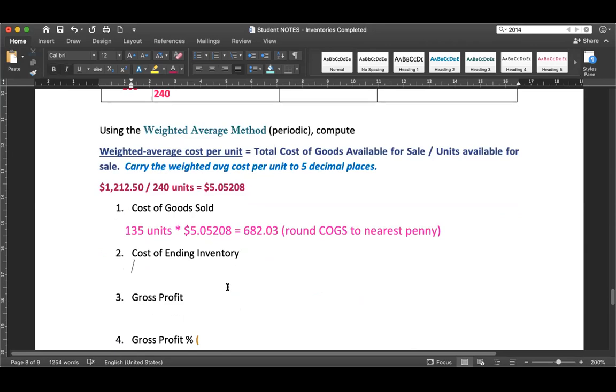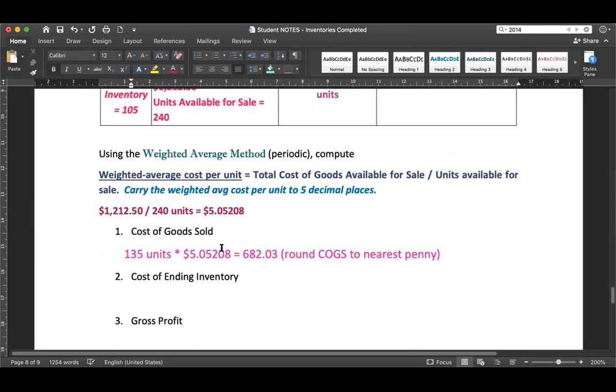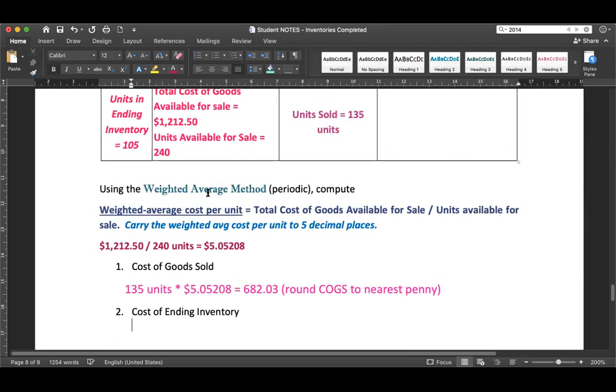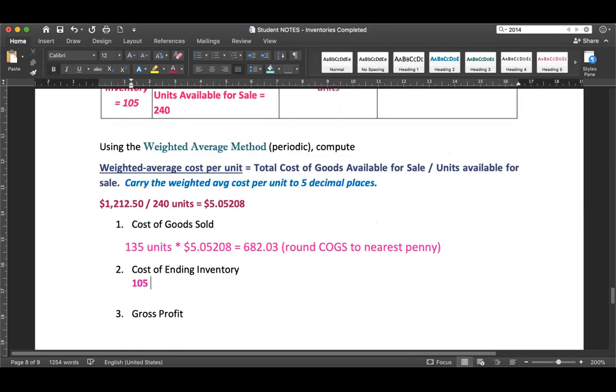Now, what is the cost of the ending inventory? In this case, we're going to take the number of units in the ending inventory and multiply it by the weighted average cost per unit. The units in inventory at the end of the period were 105. So we have 105 units, and each unit has an average cost of $5.05208.